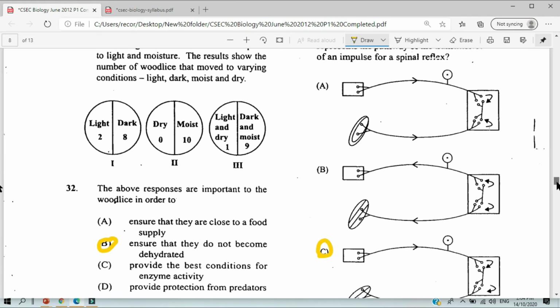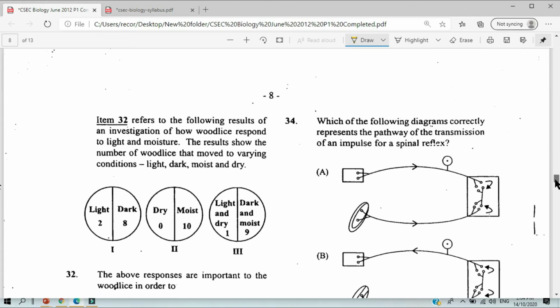Now we're going to be looking at question 34. Which of the following diagrams correctly represents the pathway of transmission of an impulse for a spinal reflex? Now we want to ensure that we have a good grasp of the neuron: sensory neuron, connector neuron, motor neuron, that type of thing.